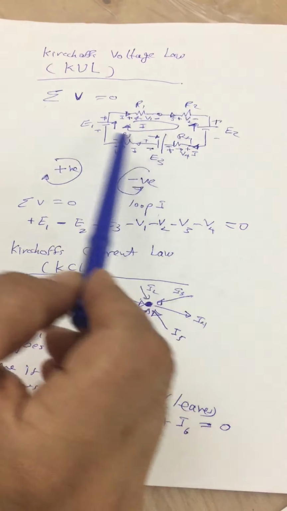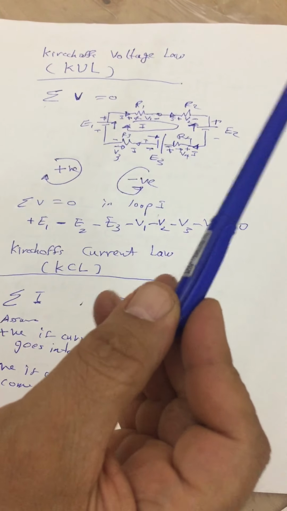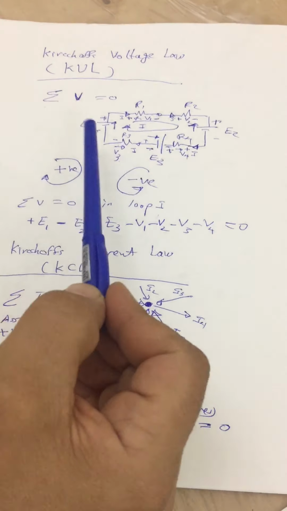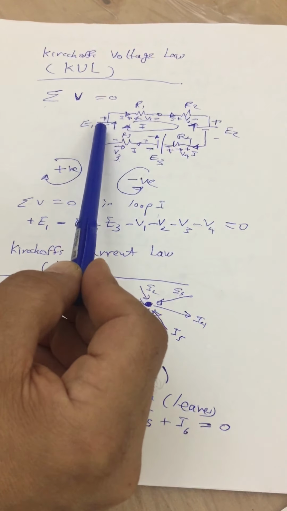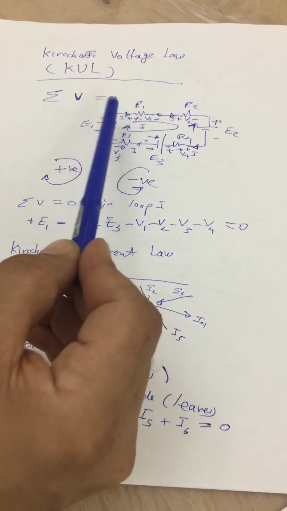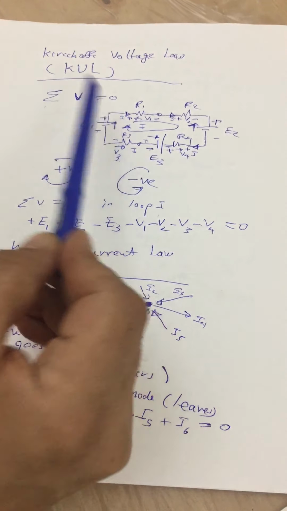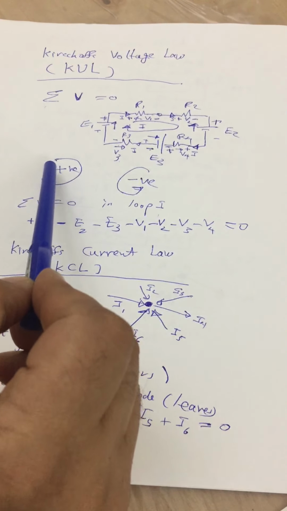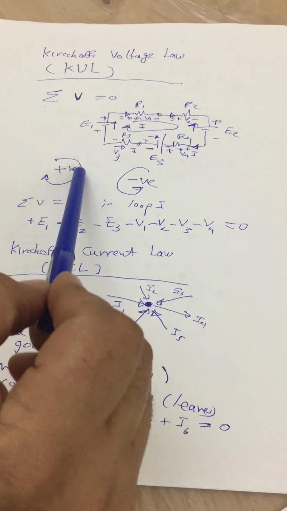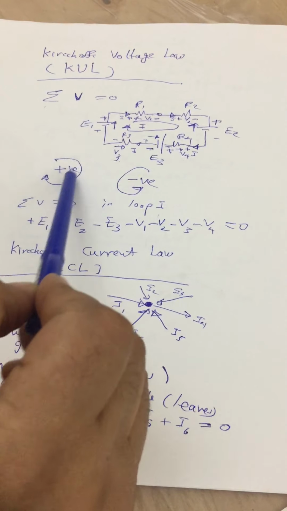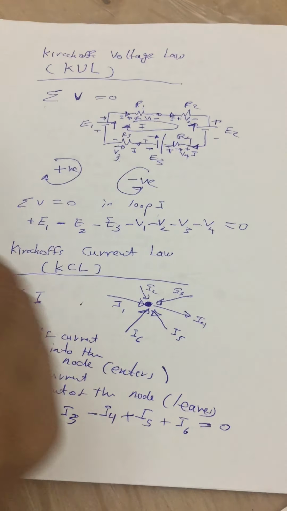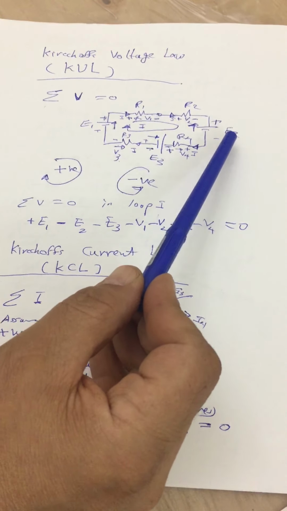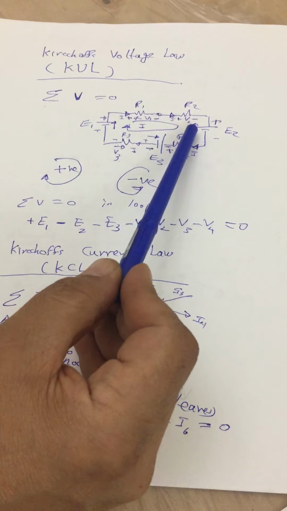In this closed loop, we have three voltage sources, E1, E2, and E3. E1, this is plus, this is minus, which means this is the direction of the voltage source. So it is in the same direction as the clockwise direction, so we assign a positive value to E1. If you watch E2, E2 is in the opposite direction.